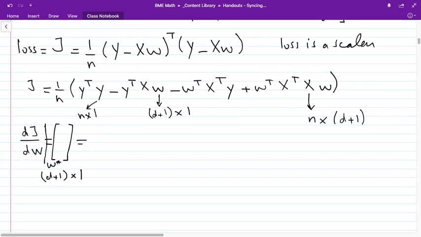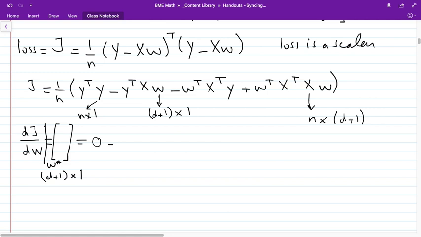All right, so what is the derivative of this equation with respect to w? The derivative of the first term with respect to w is 0. Now, let's look at the second term here. You have y transpose xw, and you have w transpose x transpose y. So you see that this is the transpose of this, right?